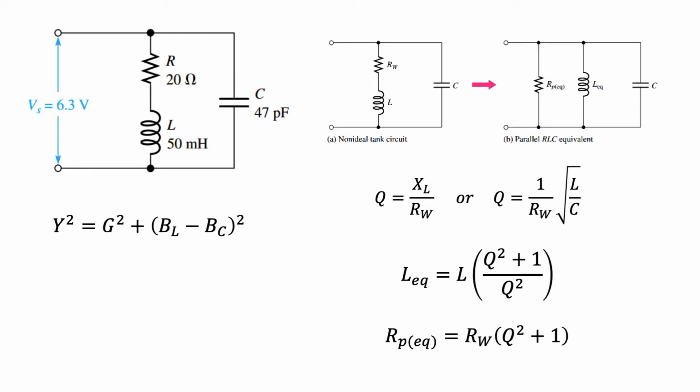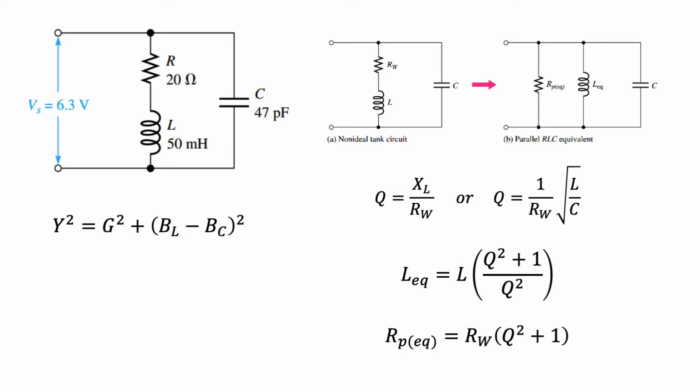Now let's consider the non-ideal case when there is resistance due to the winding of the coil. In this example, R is equal to 20 ohms. Since the resistor and the inductor are in series, we can solve for the quality factor as shown. These equations assume no loading effect from the input resistance due to the source or an external load resistance.